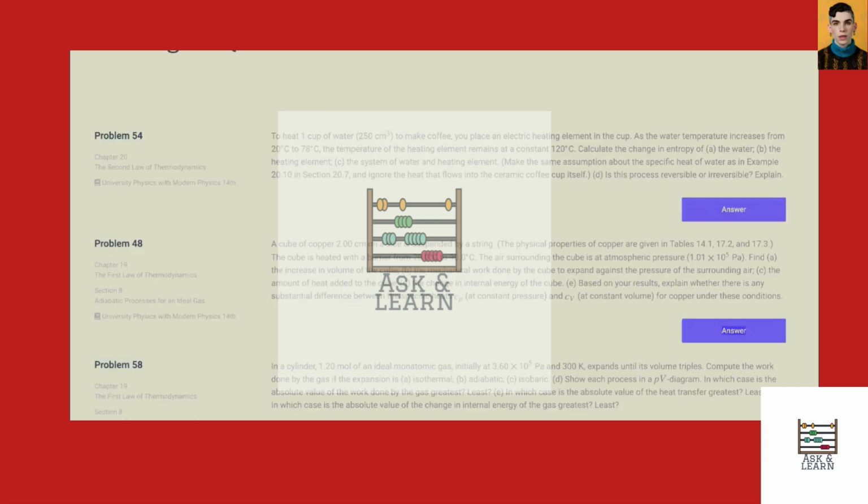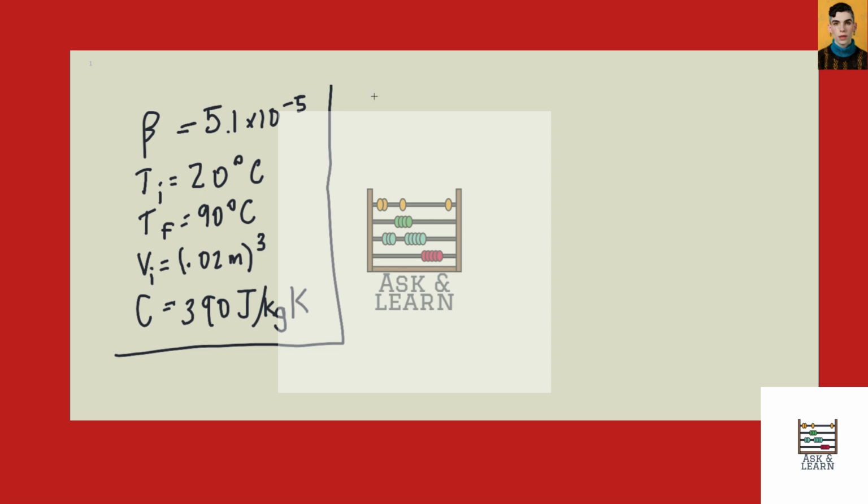The first part asks for the increase in volume of the cube as you heat it from 20 degrees C to 90 degrees C. So you just want to use the equation delta V equals beta times the initial volume times the change in temperature.